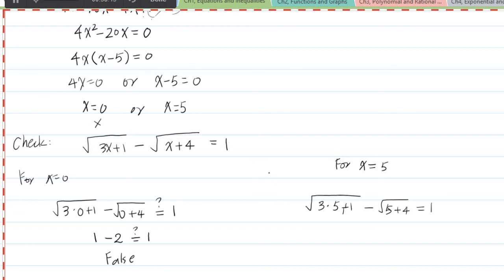The first is the square root of 16, which is 4. And then the square root of 9 equals 3. If you check this, we realize it's true. Which means x equals 5 is the only solution.